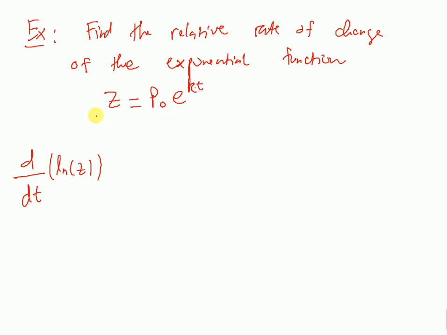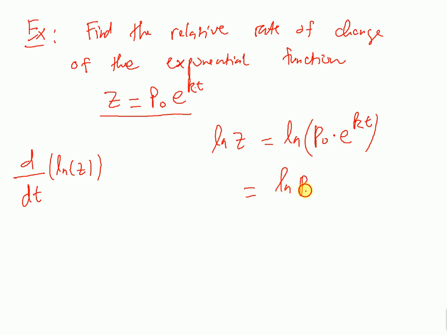Now, the first thing is they give you this function, so let's find the ln of that. Ln of z means I'm taking ln of this whole thing. Now, this is a multiplication, so I can use a property to split them up. It becomes addition, right?